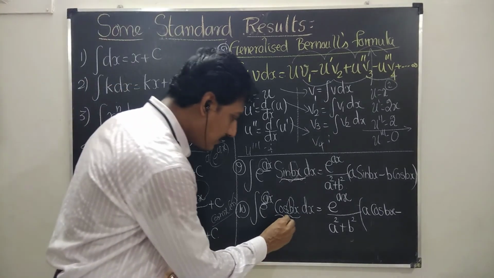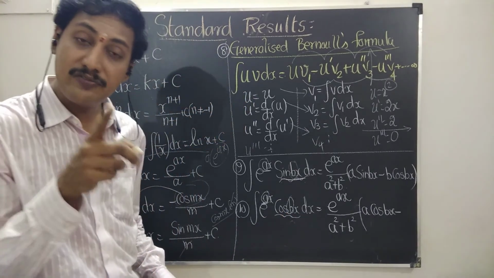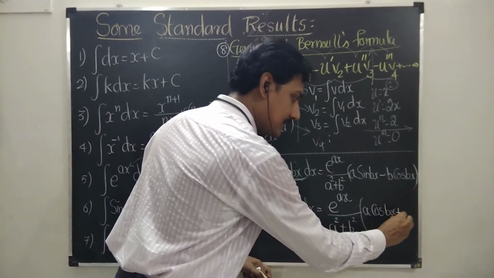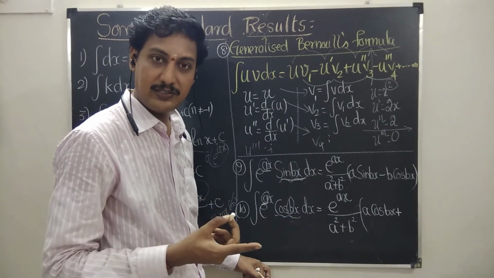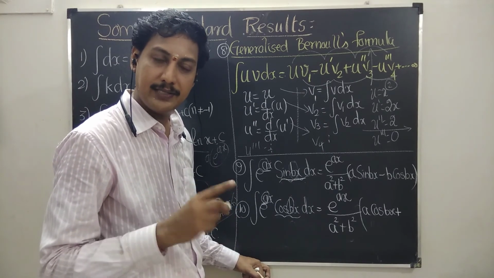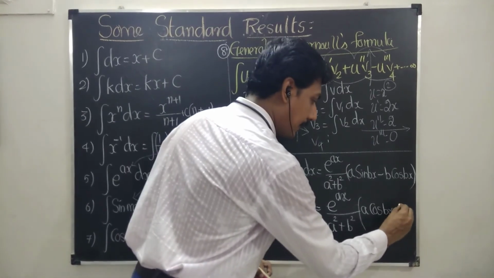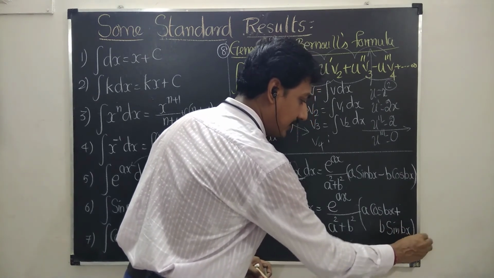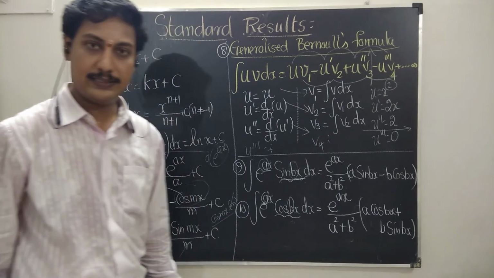Now what is the differentiation of cos bx? Cos differentiation is minus sin bx into b, so minus b sin bx, but already one formula minus was there. So minus of minus becomes plus.